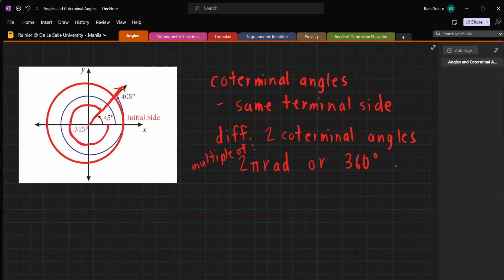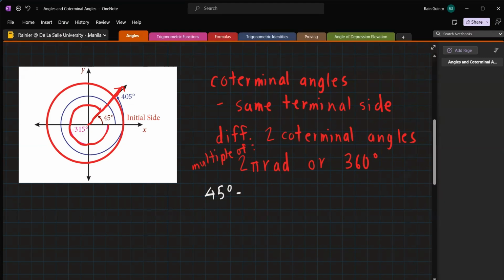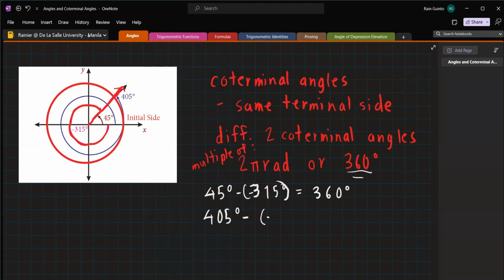For example, what's the difference between 45 degrees and negative 315 degrees? 45 degrees minus negative 315 degrees is equal to 360 degrees, which is a multiple of 360 degrees. And how about 405 degrees and negative 315 degrees? That would give us 720 degrees, which is also a multiple of 360 degrees.